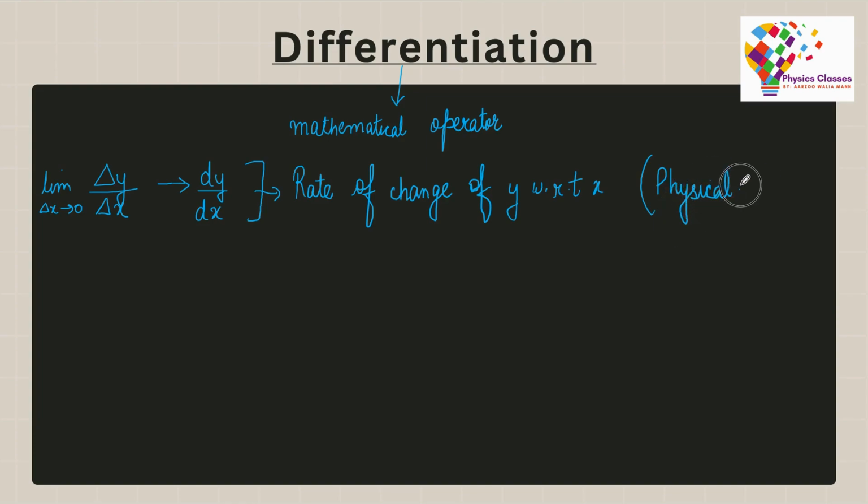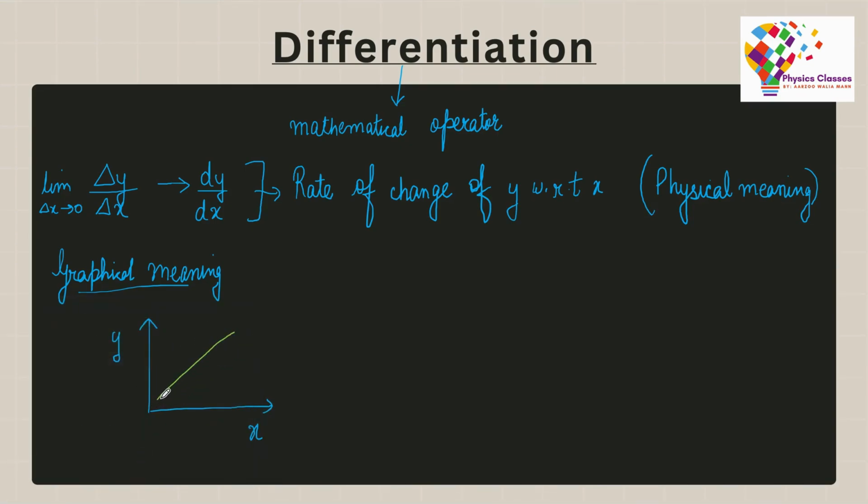If you want to find out the rate of change of one quantity with respect to the other, you simply differentiate quantity 1 with respect to quantity 2. On the other hand, if I want to talk about the graphical meaning for differentiation, let's say that I have my x-axis and y-axis, and I have a line here which is inclined at an angle theta. Now, if I want to find the change in y and change in x, I can simply say that tan theta is going to be delta y by delta x.